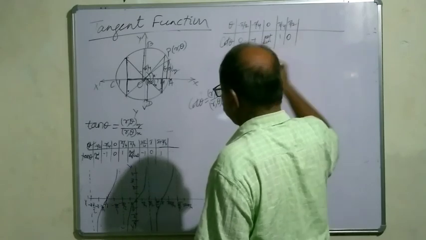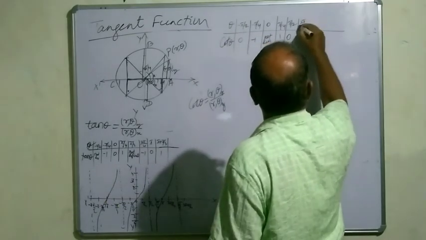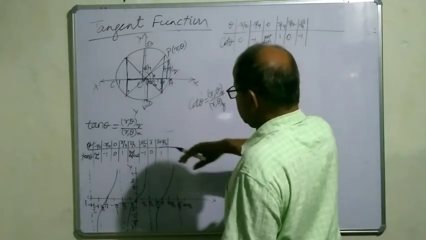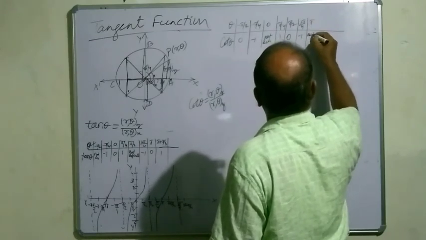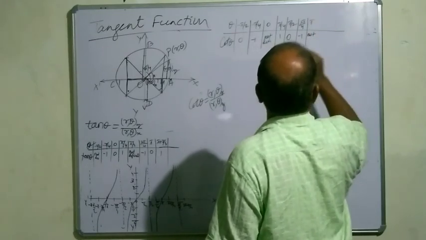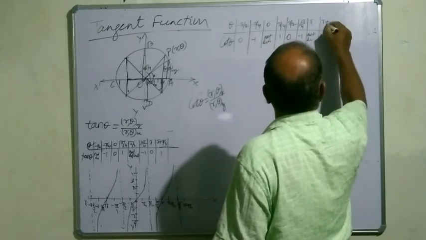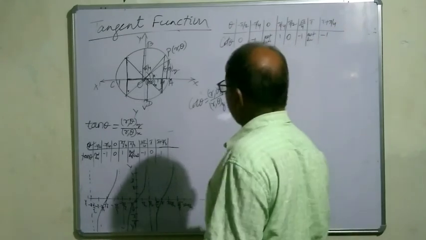And after that 3 pi by 4, it is again minus 1. You can verify like this. At pi it is not defined. Yes. And pi plus pi by 4, what will happen? Pi by 4, it is also minus 1.